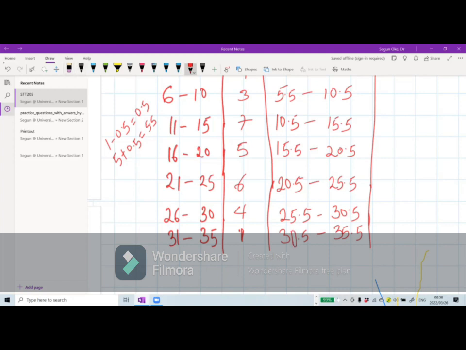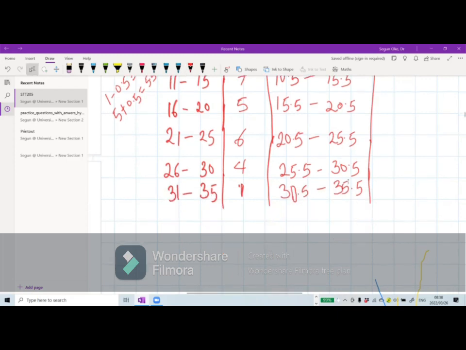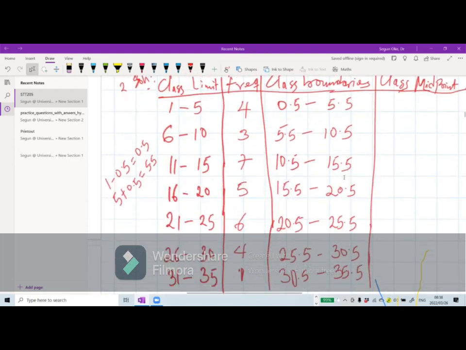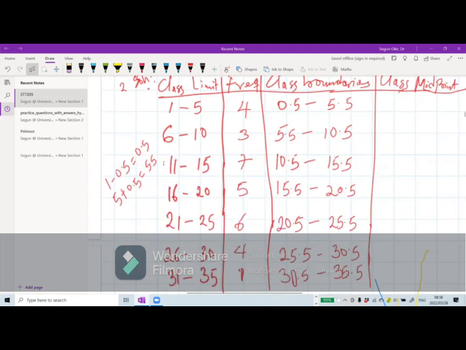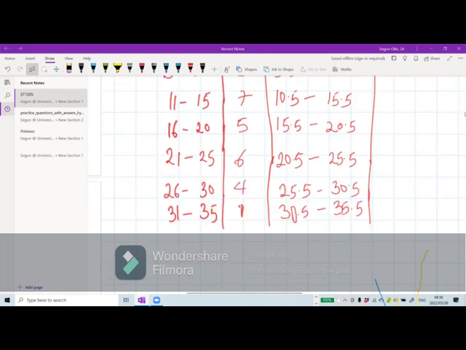Thank you. Okay. So from here, we can now do our class midpoint. Class midpoint, I will quickly explain to us, is the addition of class boundary, both lower and upper, divided by 2.